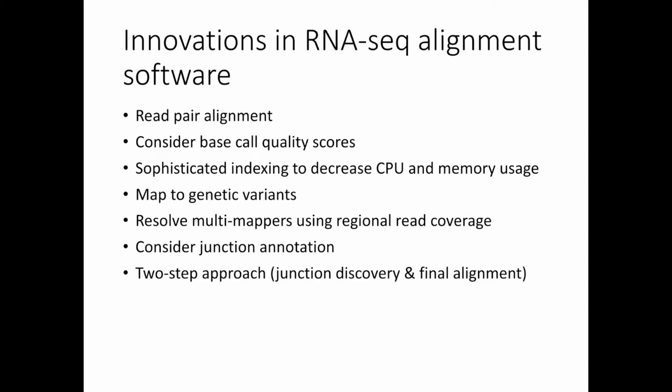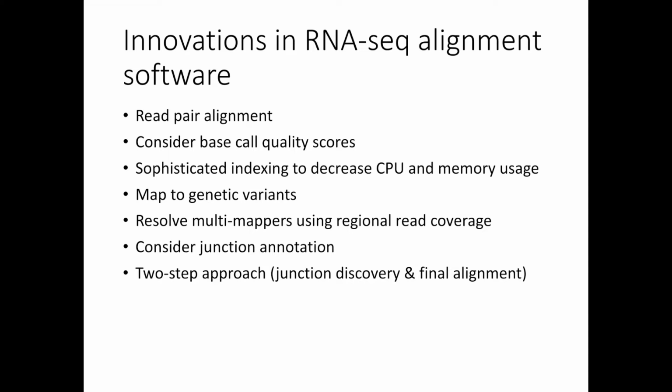The new ones that are out, and the one that we are trying, have the chance to include genetic variants, so you can increase your mappability and specificity by adding VCF files with genetic variants. And they're resolving multi-mappers using regional read coverage and considering junction annotation.